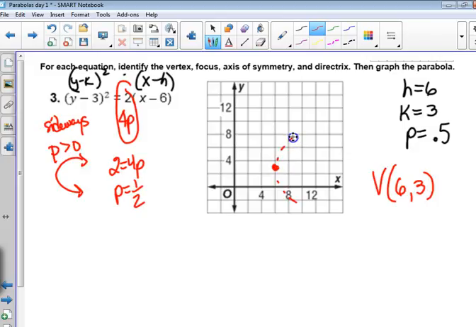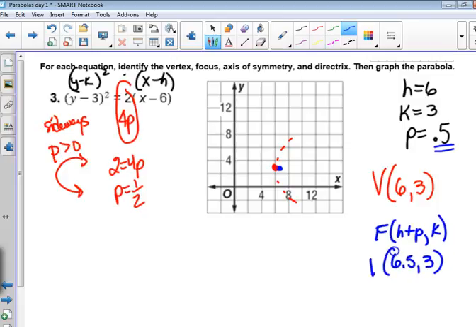By how much is it inside? 1/2. So it should be just inside here. But go ahead and tell me what it says on your sheet. When it opens to the right, the focus is at h plus p comma k, which is 6.5, 3. Does that seem all right? That was a half unit inside there.